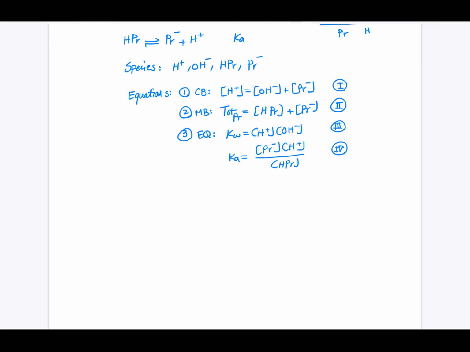So as I mentioned, the easiest way to proceed with the calculation would be to always look at the charge balance and convert everything to H plus and known values. So the OH minus, we know how it's related, KW over H plus.